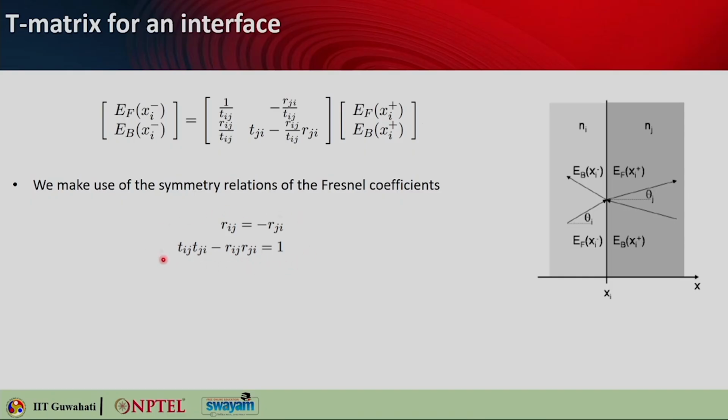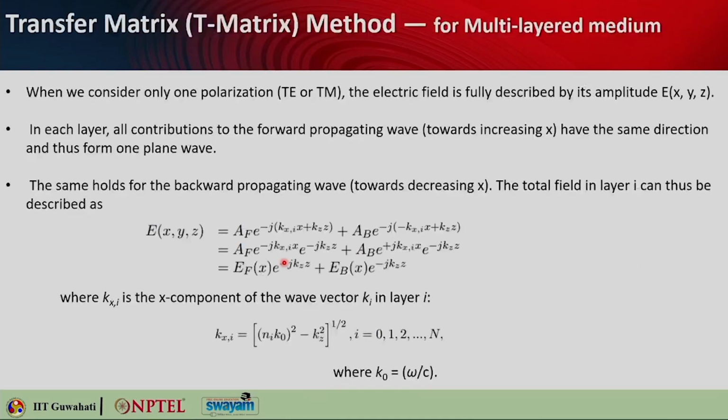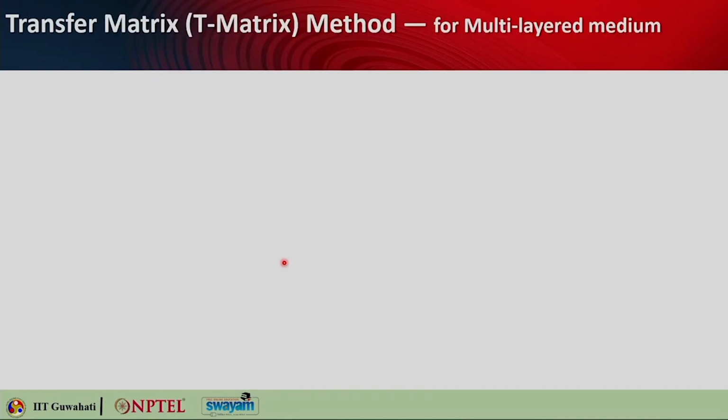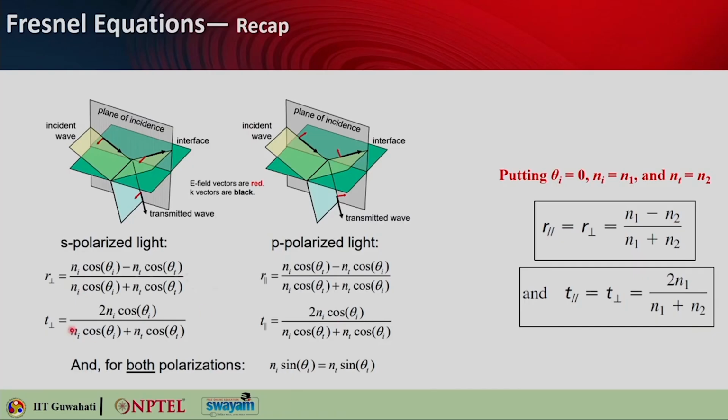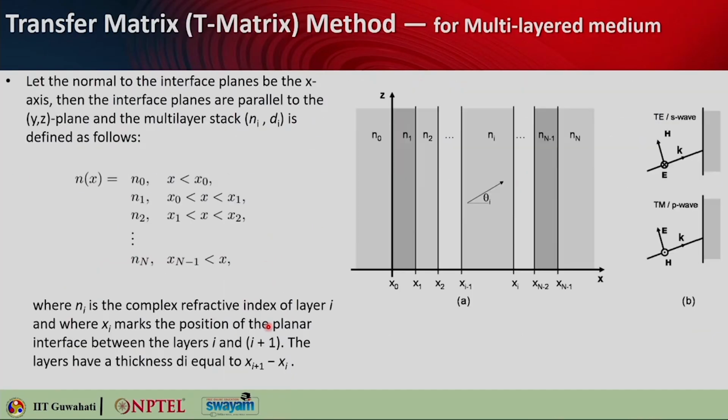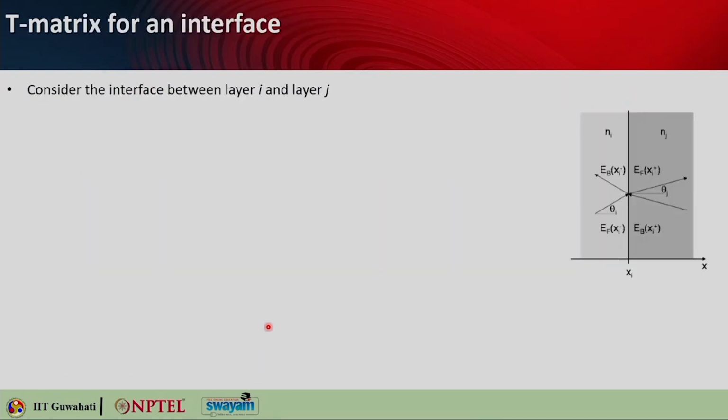If you use these two relations coming from the Fresnel equations, you can easily verify this by yourselves. If you go to the first slide where I have shown the Fresnel equations and put in the values, you will be able to prove those relationships.